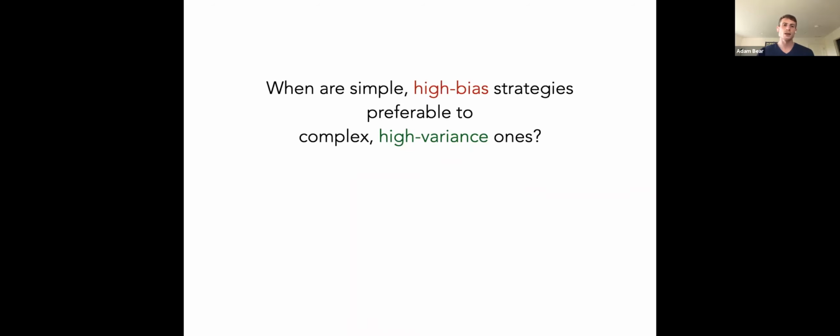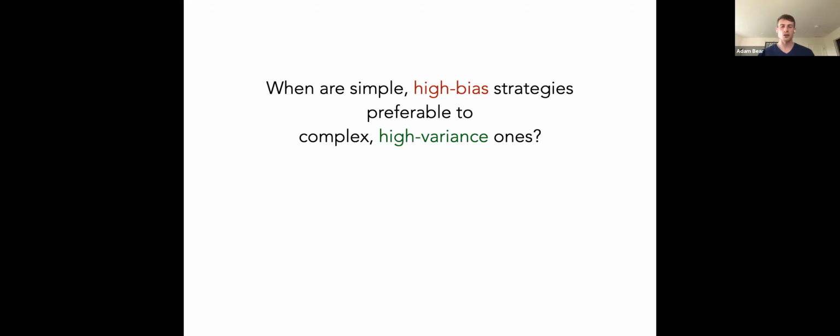We want to particularly ask, when might the simple high bias strategies, as represented by heuristics or other simple cognitive abilities, be preferable to using more complex high variance ones? And Gigerenzer has already given us some indication that when data is sparse or noisy, it makes sense to use heuristics because there's a smaller signal to noise ratio.